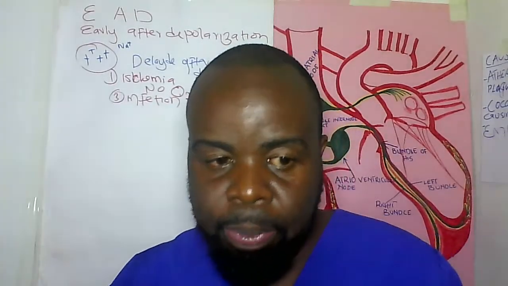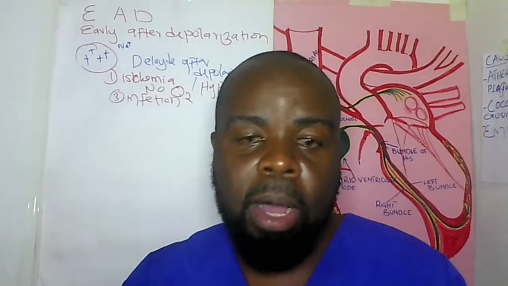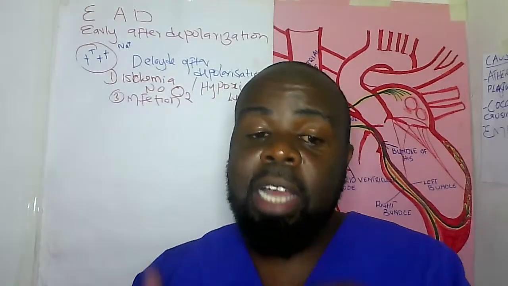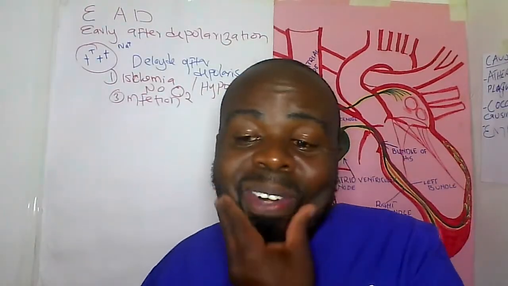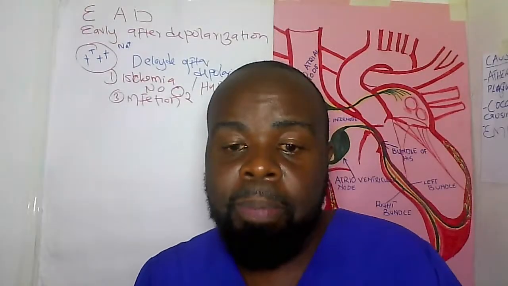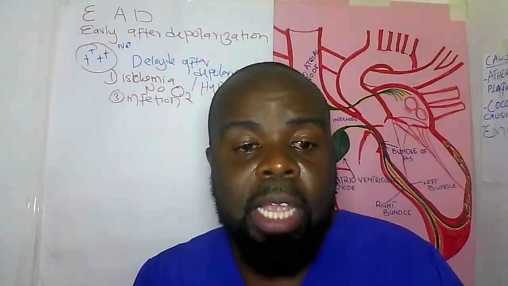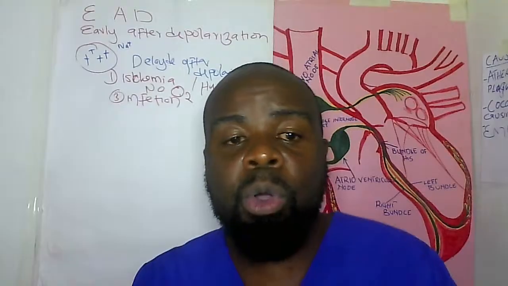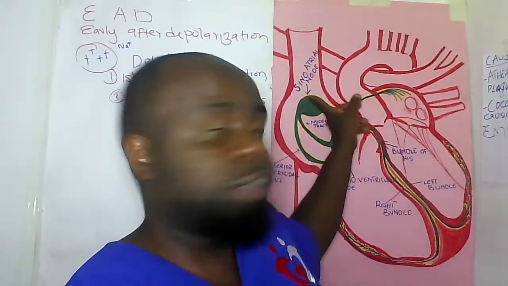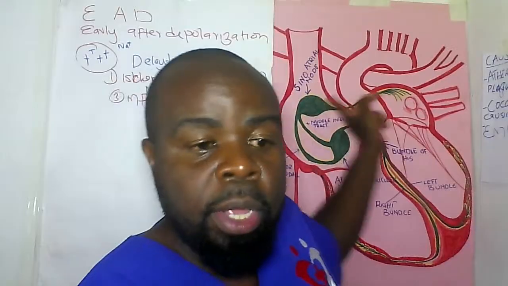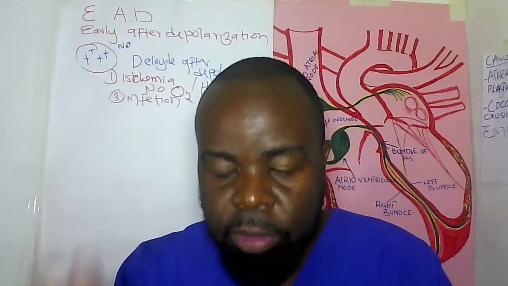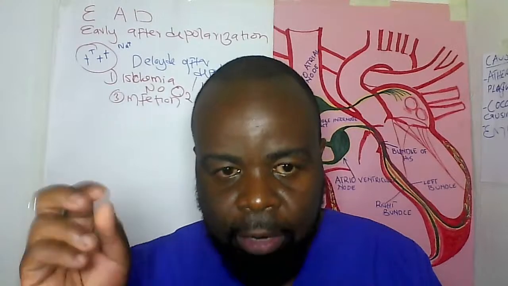Let me go a bit from the beginning. When we said your heart can beat faster, I said it depends on where it is receiving the heartbeat. We have something called sinus tachycardia, when the sinoatrial node is producing waves so fast.